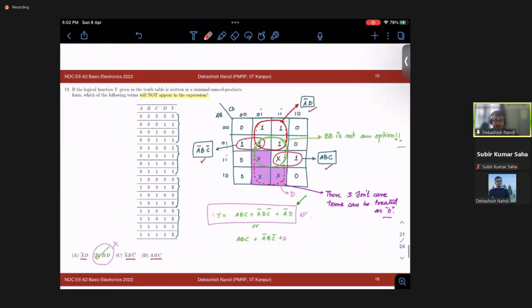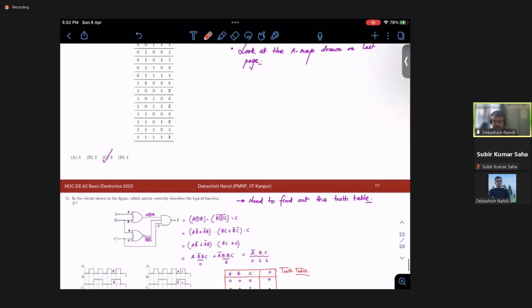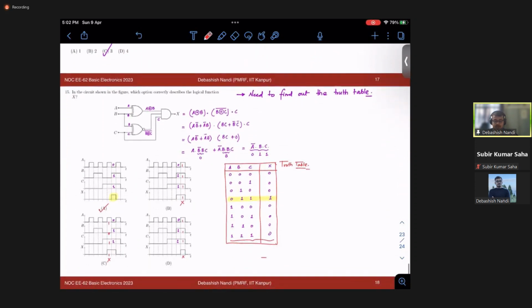Then we have again seen what is the minimum sum of products and how to eliminate the non-obvious options. Then in the last problem, we have seen how to simplify the circuit and again visualize it in the graph form, right? Pulse train form.